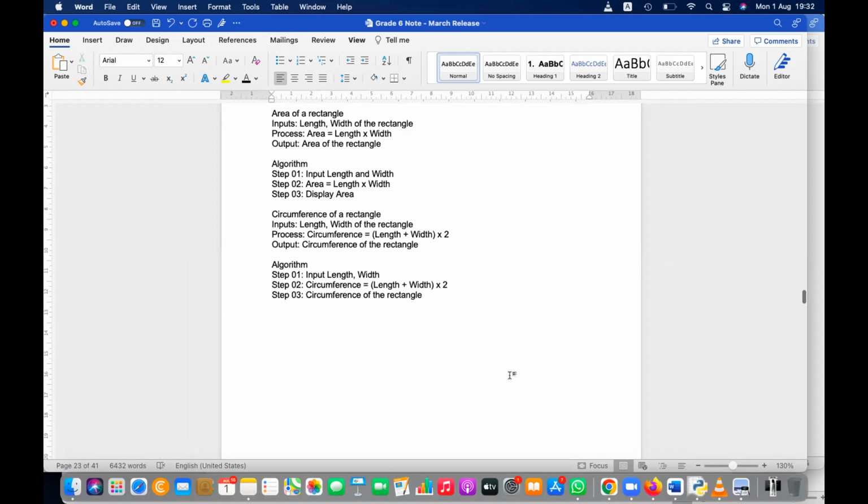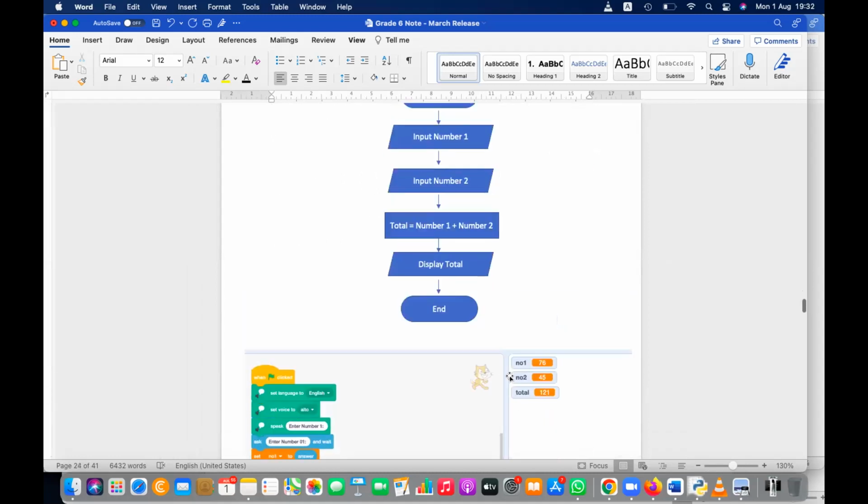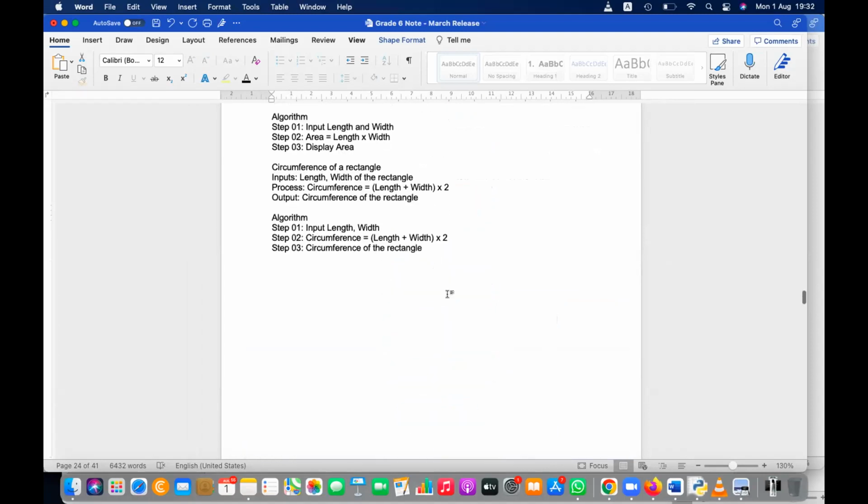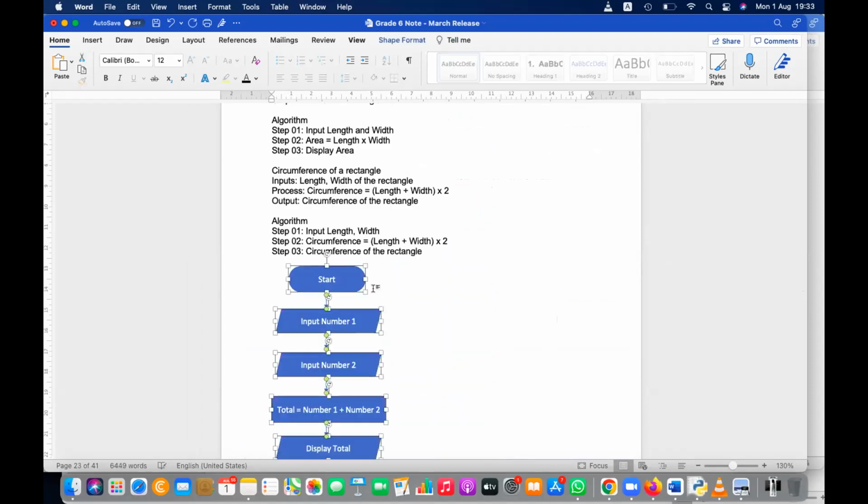In the flow chart, similar to this, you can use the symbols. Start, enter the width, enter the length, then you can find the area, then find the circumference and display it. Let's write how to find the circumference. I can say input length, then input width. So those are inputs.